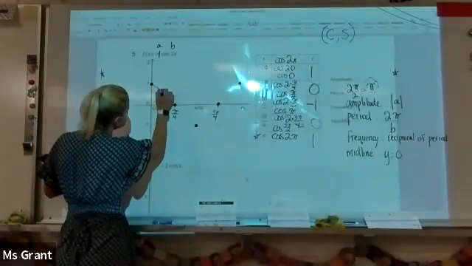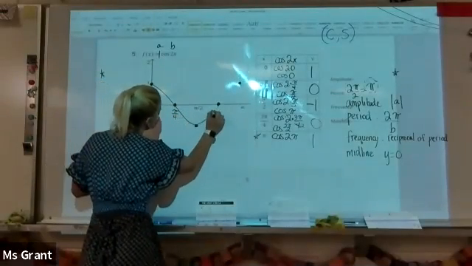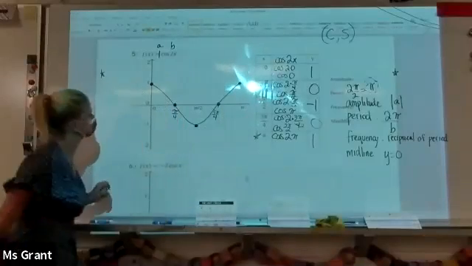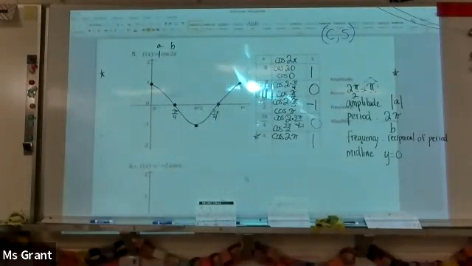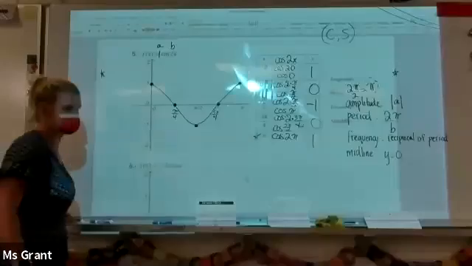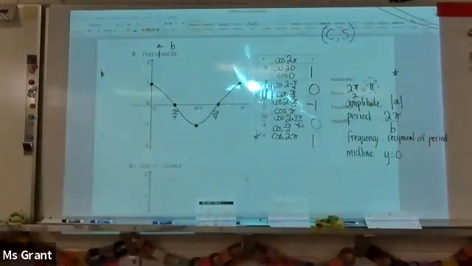Connect the dots, smooth. And that is it.